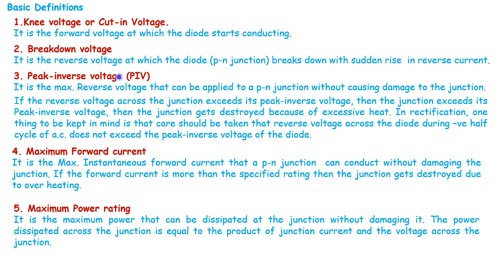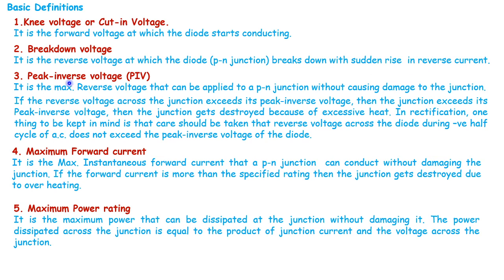Now important points to be remembered, basic definitions. Knee voltage or cut-in voltage is the forward voltage at which the diode starts conducting. Breakdown voltage is the reverse voltage at which a diode or PN junction breaks down with a sharp rise in reverse current.